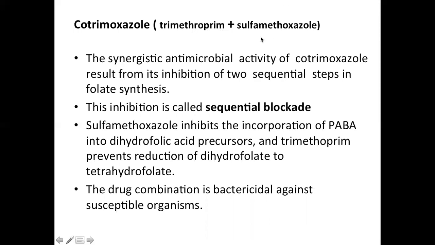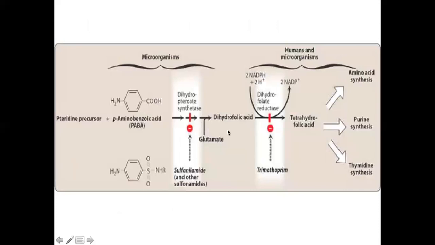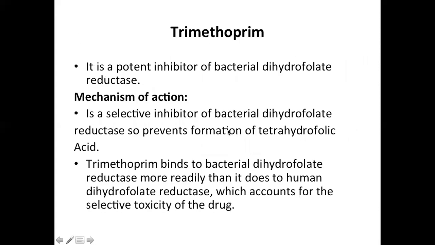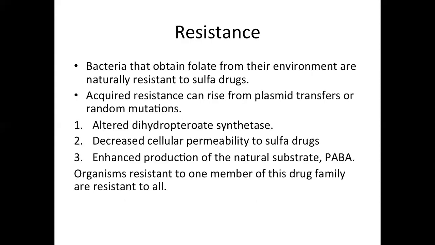Why? Because each drug acts at a specific enzyme in the cascade. So, as we said, the inhibition is called a sequential blockade. Why? Because in the sequence of the formation of the tetrahydrofolic acid, two enzymes are included. We can go back to this illustration which we talked about previously.